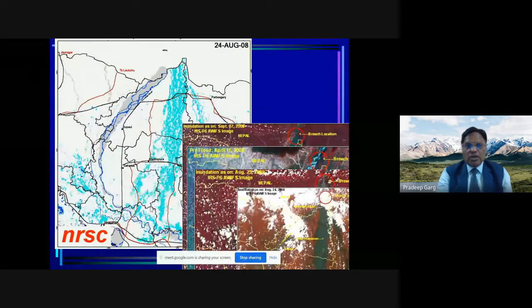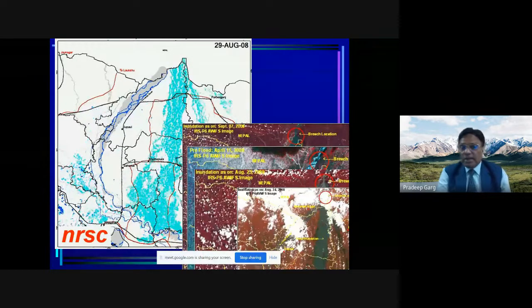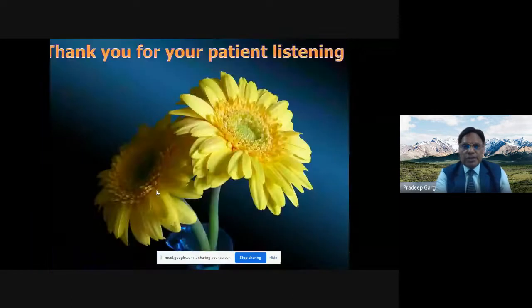This is a simulation model of the flood area in Kosi River with the help of the satellite image. Different year satellite images, different month satellite images have been superimposed, and it shows how the flood is spreading into the area, damaging the area, and then how slowly it is receding back.